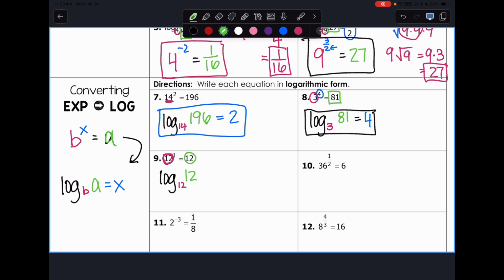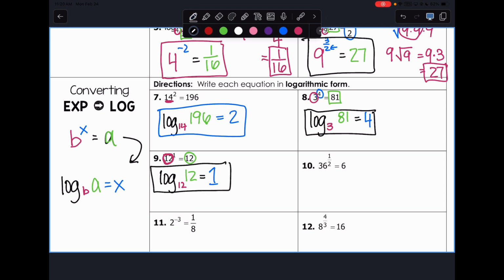And that equals 1, the exponent. The argument to the exponential form, the answer to the exponential form, is what we're taking log of. The base is the base of the exponent. And then 1 is the exponent.